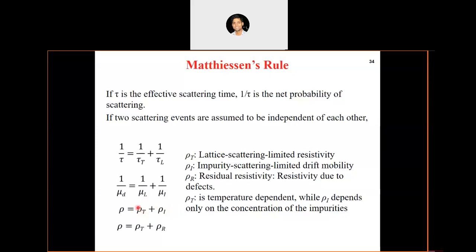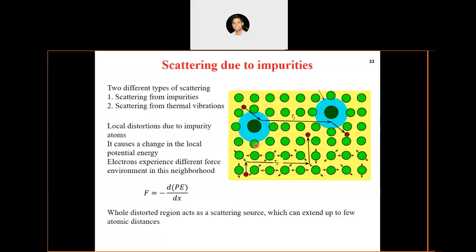I explained that the scattering cross section is much larger for the impurities, because the local lattice distortions can extend up to a few atomic distances. In the case of atomic vibrations, the scattering cross section is limited to within an atomic distance. Actually, it will be much smaller than one atomic distance also, right?